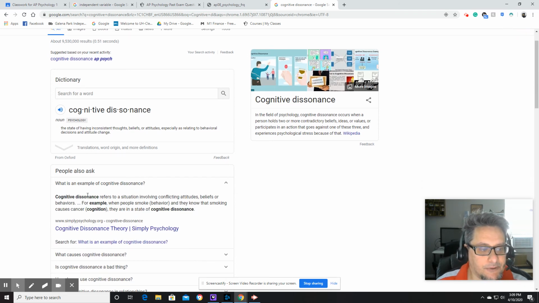So, let's look at this example because that doesn't really tell me a whole lot. Cognitive dissonance refers to a situation involving conflicting attitudes, beliefs, or behaviors. For example, when people smoke, the behavior, they know smoking causes cancer in their head, cognition. They're in a state of cognitive dissonance. Cognitive dissonance is uncomfortable.